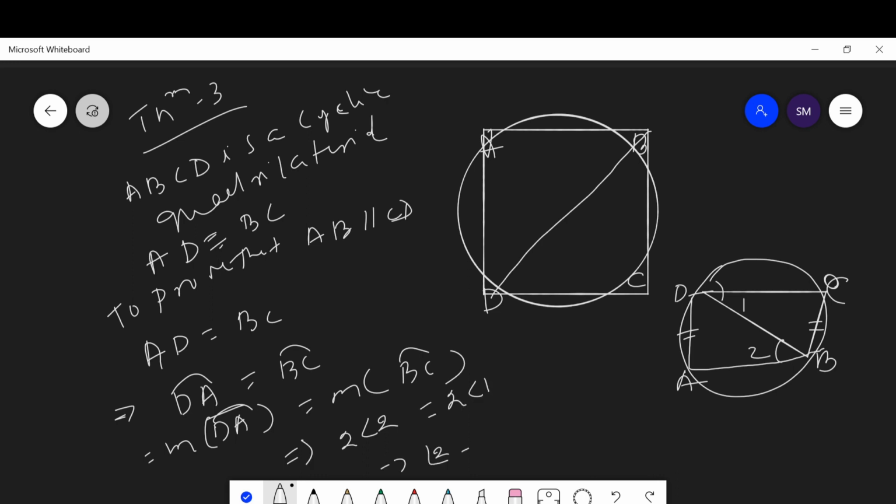This shows that angle 2 is equal to angle 1. These are alternate interior angles. As AB and CD are two lines and BD is the transversal, angle 1 and angle 2 are alternate interior angles. When they are of the same measure, this shows that AB is parallel to CD.